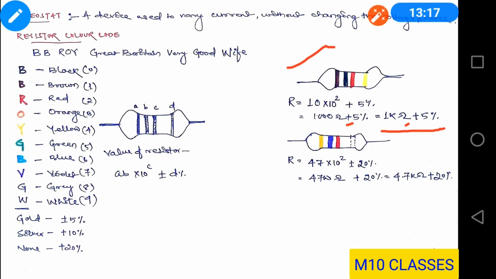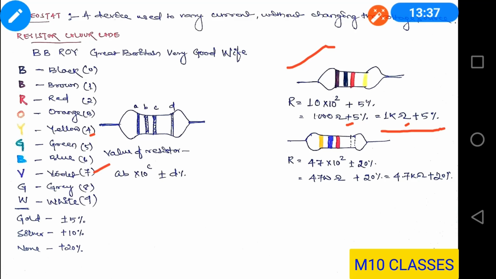Next, see the example. It has yellow color, blue color, red color, then no color. Yellow means it will give you 4, for blue, sorry, it is violet, it will give you 7, then red will give you 2.